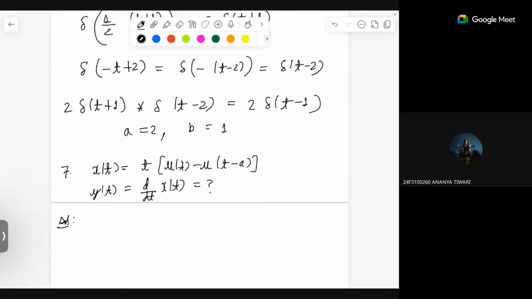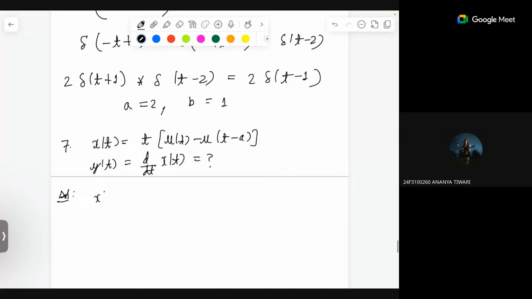Okay, so I would first try to form ramp for both of these terms to simplify the derivative, because if I have ramp, I can simply say that the derivative will be unit step. So I have t u of t minus t u of t minus a.